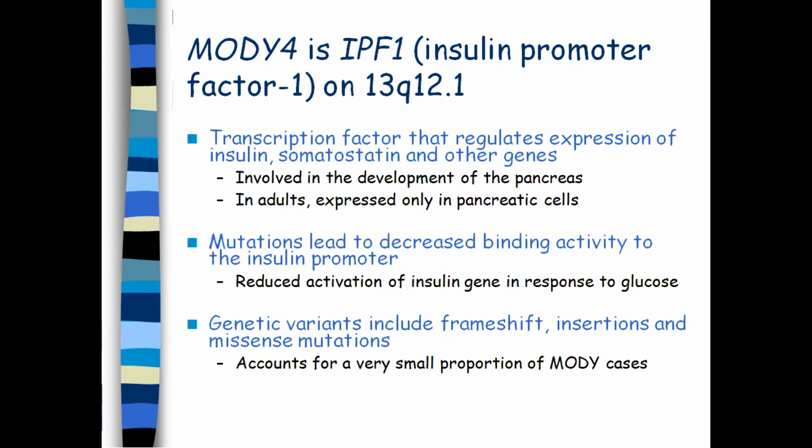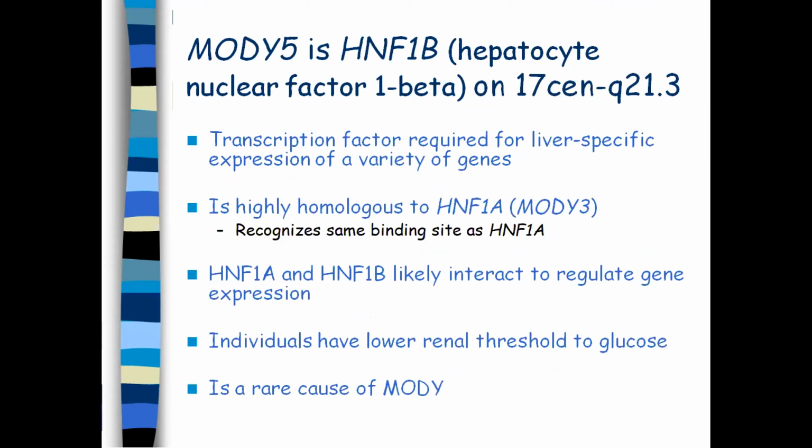other gene mutations. Then MODY5, that is hepatocyte nuclear factor 1 beta, is required for the transcription and expression of a variety of genes, and it is highly homologous to HNF1A, recognizing the same binding site as HNF1A, which regulates gene expression. Individuals have a lower renal threshold to glucose, and it rarely causes maturity onset diabetes mellitus.